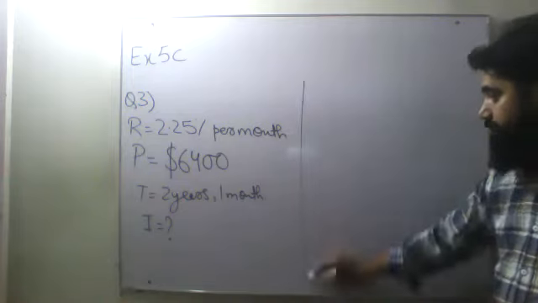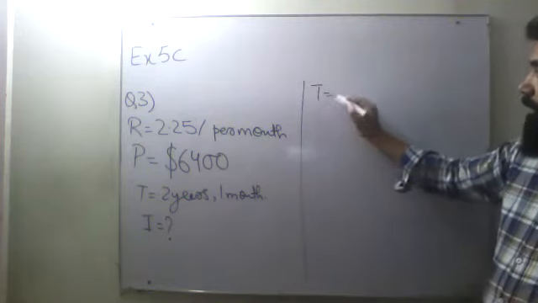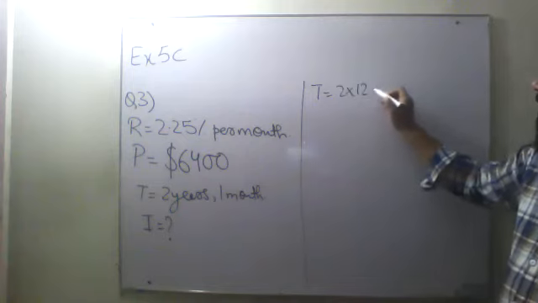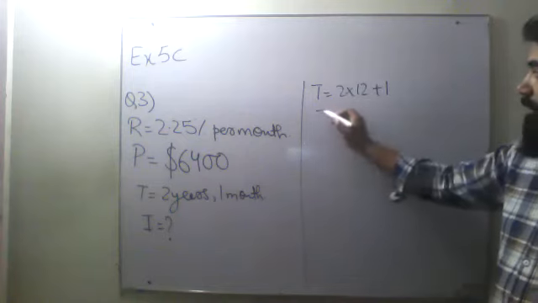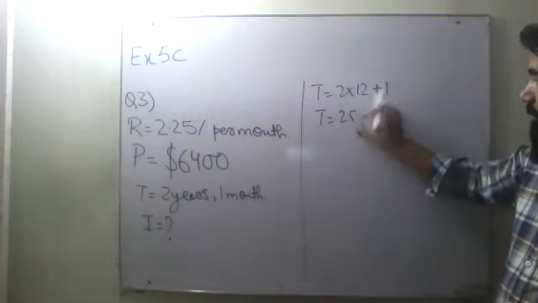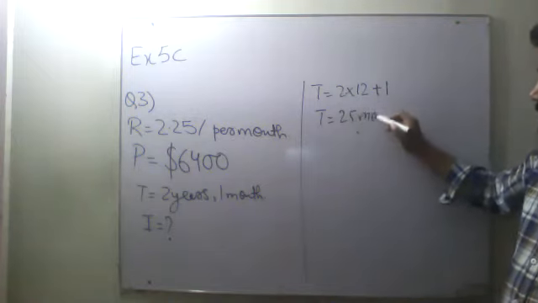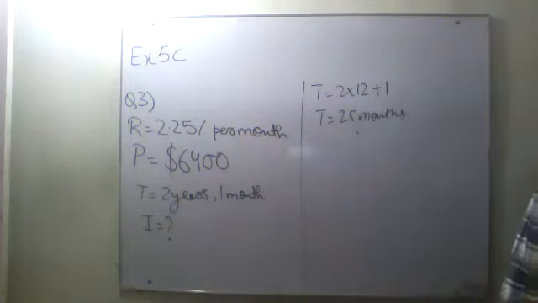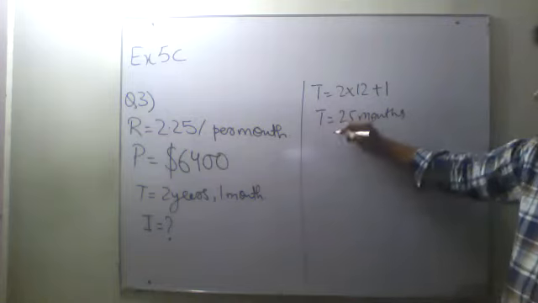Okay. So time equals 2 years multiplied by 12 plus 1. So my time will be coming 25 months. Why have I shifted it into months? Because the rate is given in months. Okay. Now time is also in months.